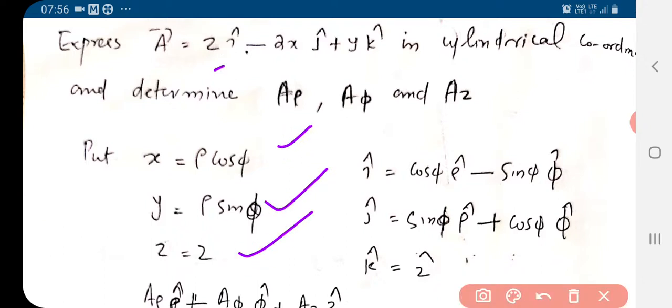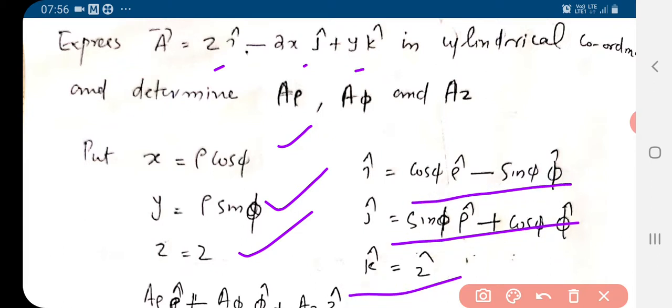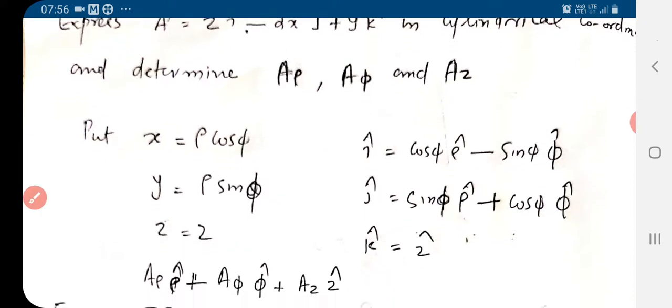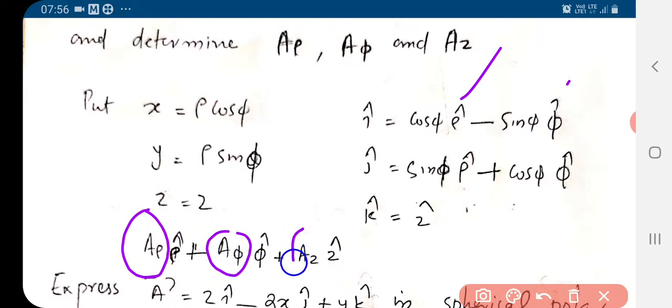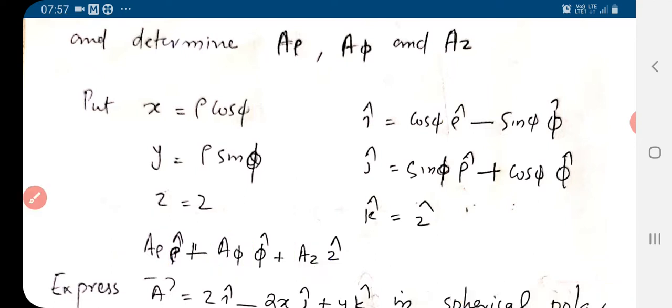Unit vector i is this, unit vector j is this, unit vector k is this, so we substitute. And we will get an equation in terms of unit vector rho, unit vector phi and z. The coefficient of unit vector rho is A rho, the coefficient of unit vector phi is A phi, and the coefficient of unit vector z is A z.